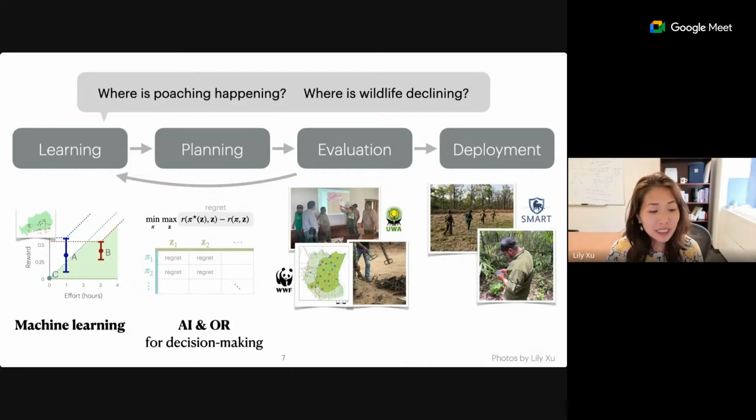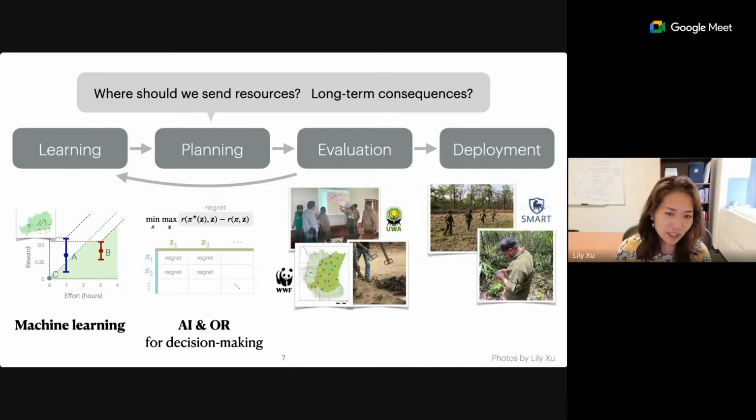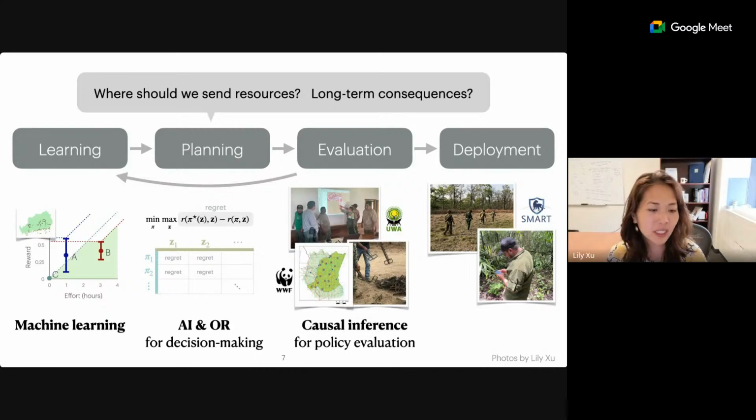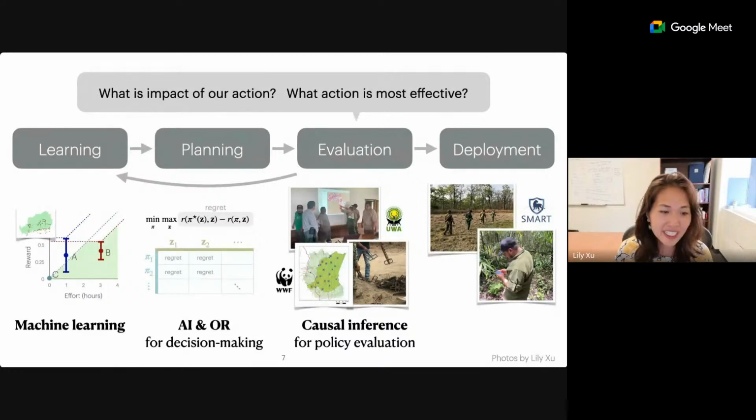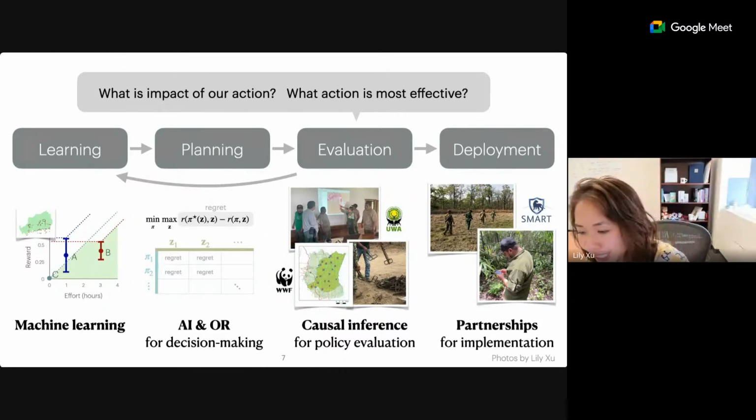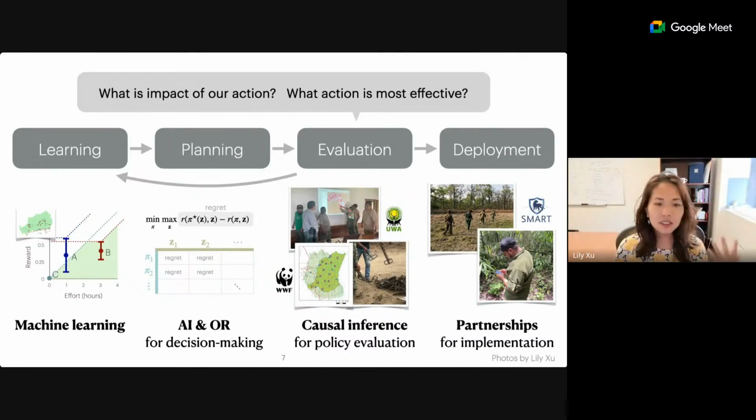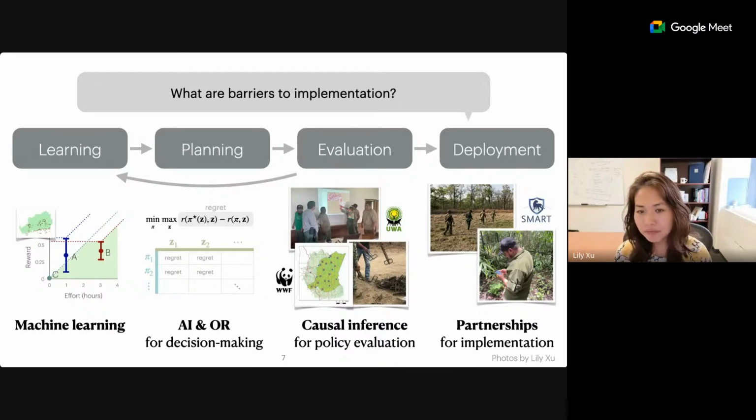We need planning techniques, so bringing in AI tools like reinforcement learning for policy decisions, and operations research using optimization to determine where to send resources and think about sequential planning over longer time horizons. After we've taken some actions, we want to understand what the impact of that action was, ideally with causal inference, to understand which actions are most effective, what we should continue and what we should stop doing. And then also working with partners to deploy these tools at scale.